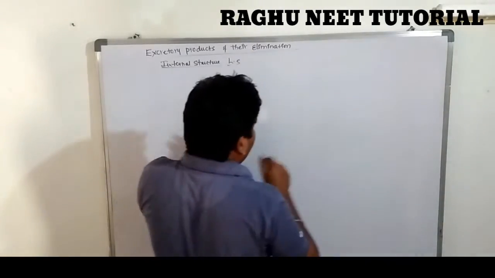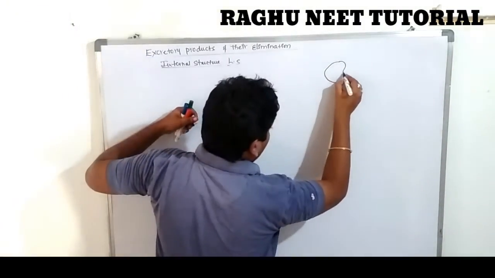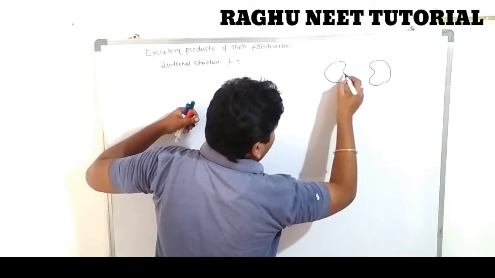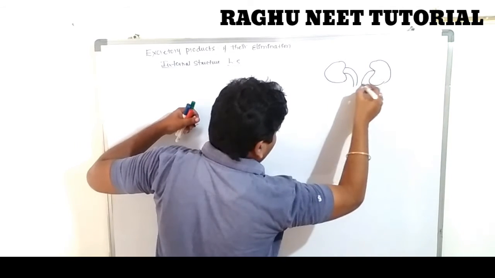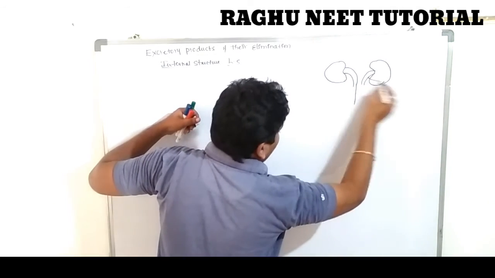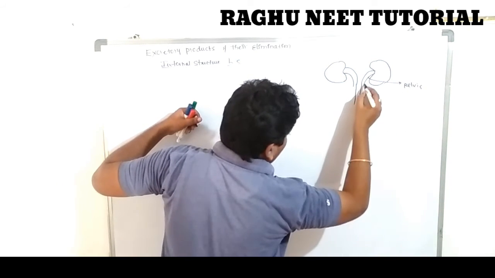Let's see the diagram. After the completion of the internal structure of the kidney, the pelvis emerges into the ureter.